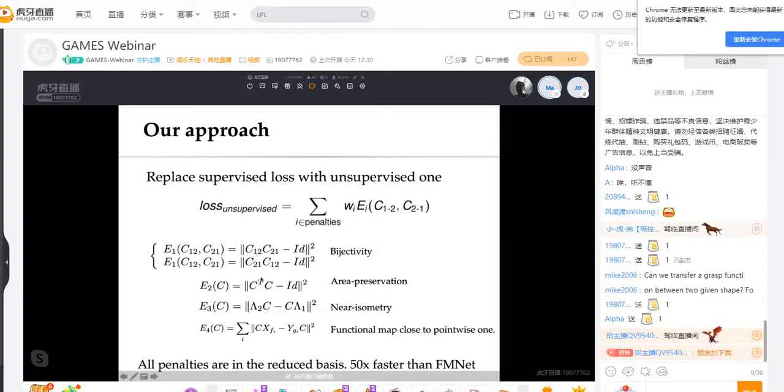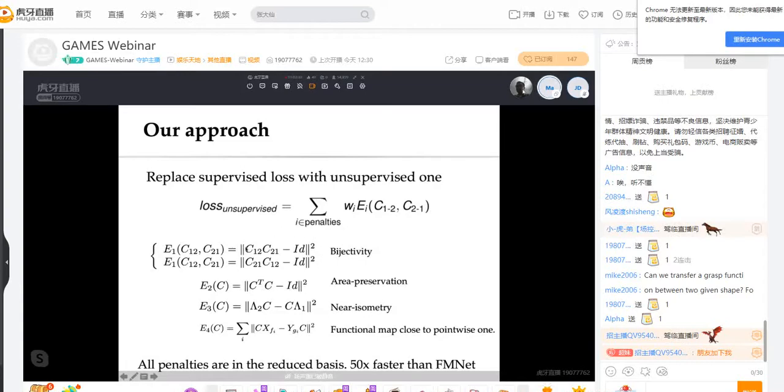The second one is we promote orthonormal matrices. This is another loss that we impose on C. Orthonormal matrices correspond to area preserving maps. Then we also have commutativity with the Laplacian. And finally, there's another term that I won't go into too much detail on, but it promotes functional maps that arise from point to point maps. And these losses are all fully in the spectral domain.